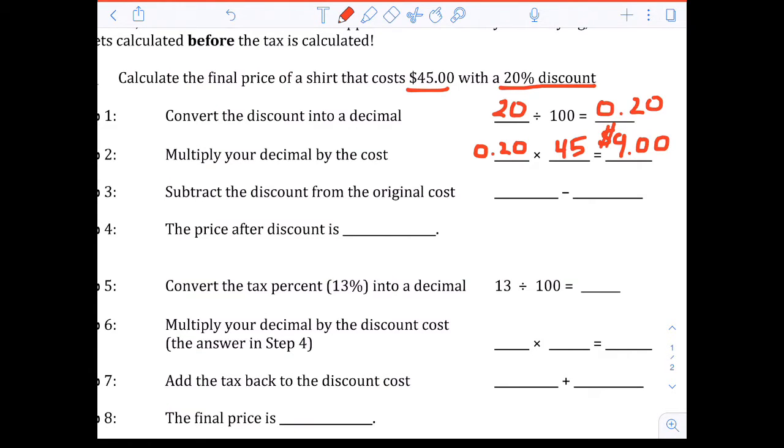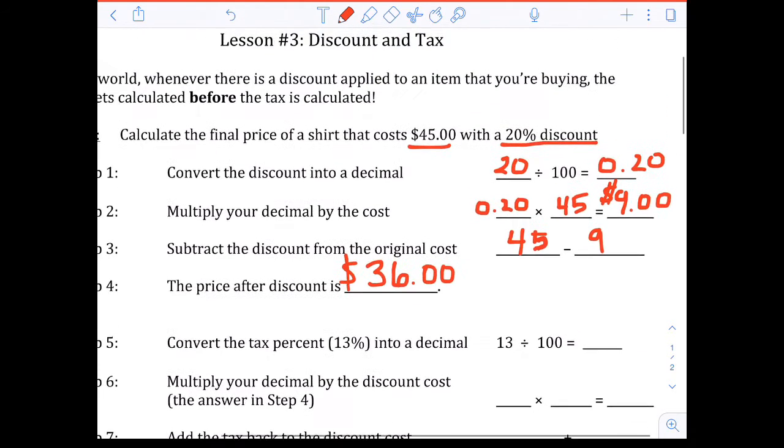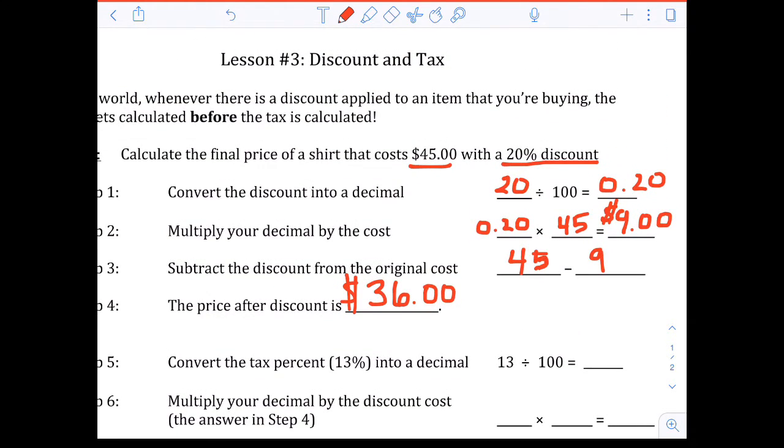So, how much is the new price? Well, the original cost of this shirt was $45, and we're subtracting 9 from that. So the new cost of the item is $36. So that's your new sale price.